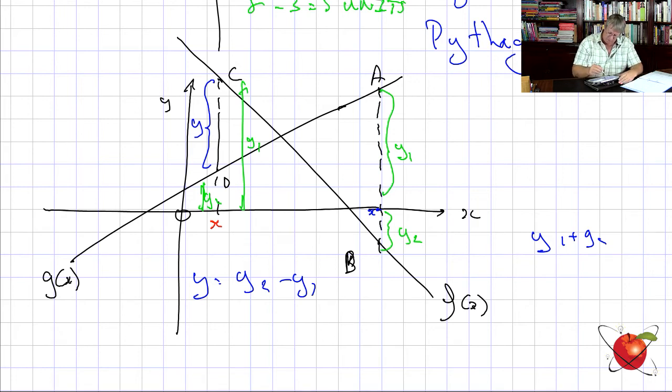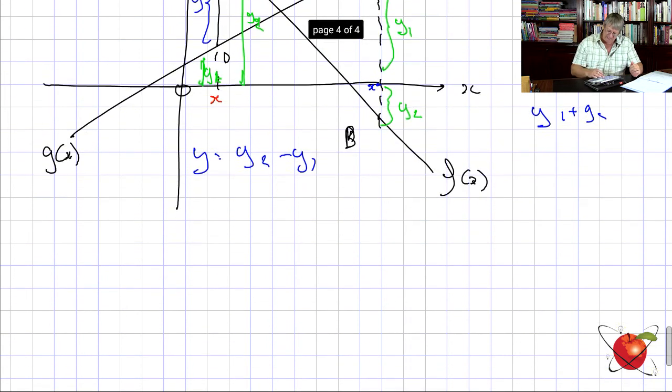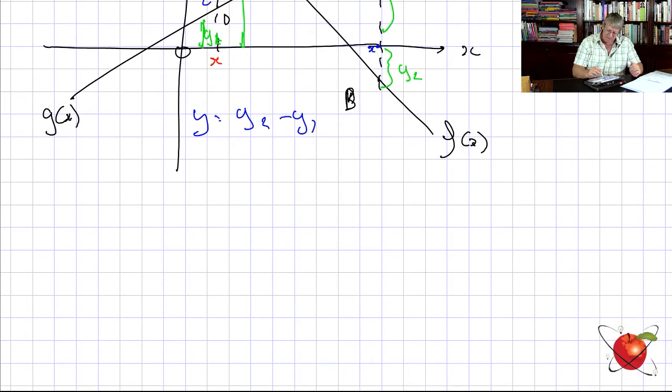Or y1 minus y2, whichever you want to choose. Let's call that y2 and let's call that y1 over there. So can you see if I take that length and subtract that, that's what I'm going to get. So in all cases here, the secret of this is to actually draw it and ask yourself the question, how do I work out the length?